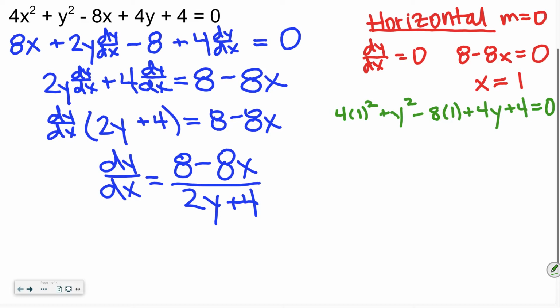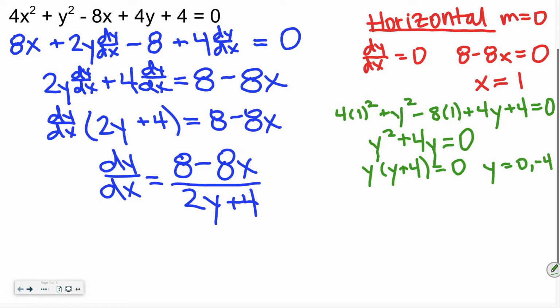It's not scary. Especially because this is 4 minus 8 plus 4. y squared plus 4y equals 0. So when x is 1 and we plug it in, we get y to be 0 and negative 4.